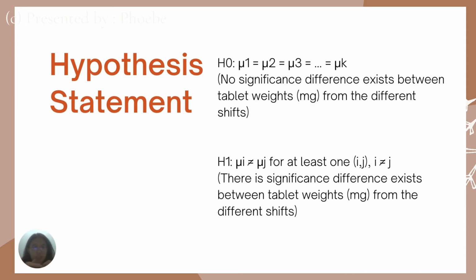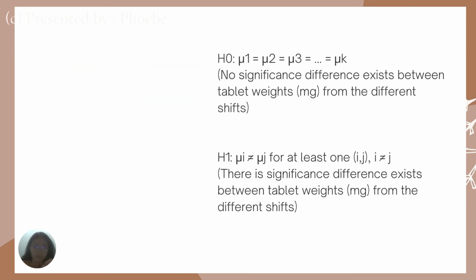In this hypothesis statement, we state that there is no significant difference between tablet weight from the different shifts. However, in hypothesis statement 1, we assume that there is significant difference between tablet weight from the different shifts.